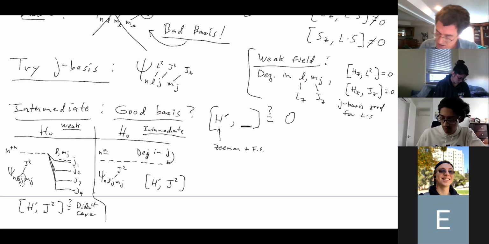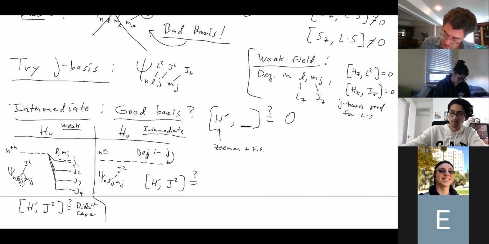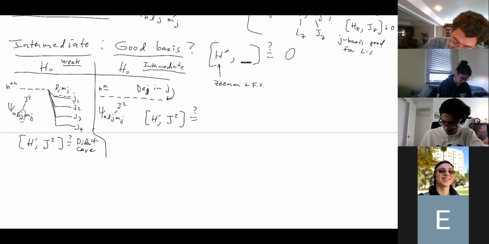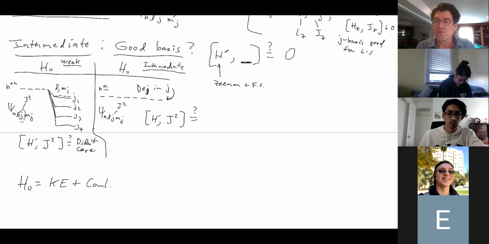Can I ask a question? I don't see why we know that we're degenerate in J in the intermediate case. How can we know that, other than you telling us? I'll tell you. The way that we know it is because H naught is equal to kinetic energy plus Coulomb. And so there's no spin term here.